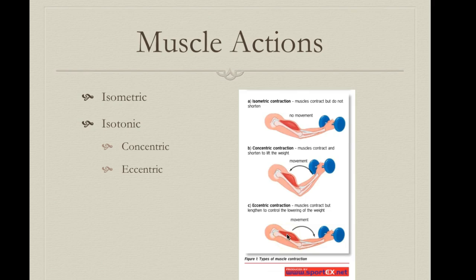And overpowering may not be the correct term, because in this case you could just be lowering the weight down. So it's not like it's overpowering you, but it's a controlled lengthening of the muscle. And during this period, there's still muscle fibers contracting, but the whole muscle is actually lengthening.